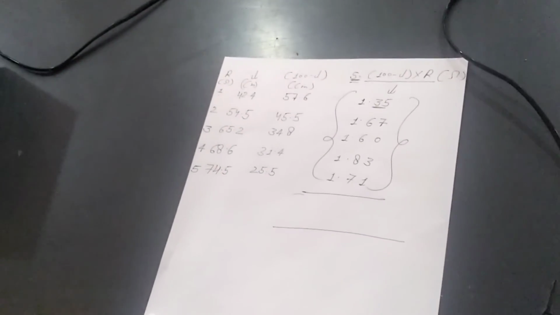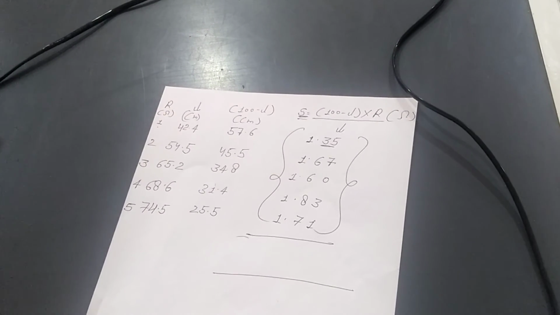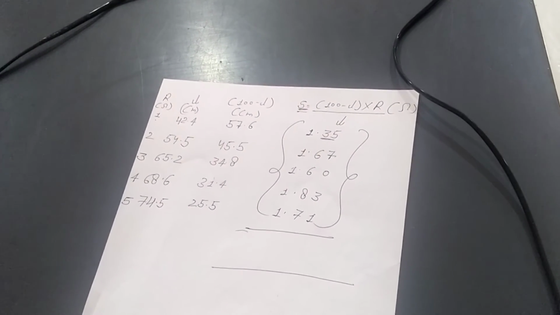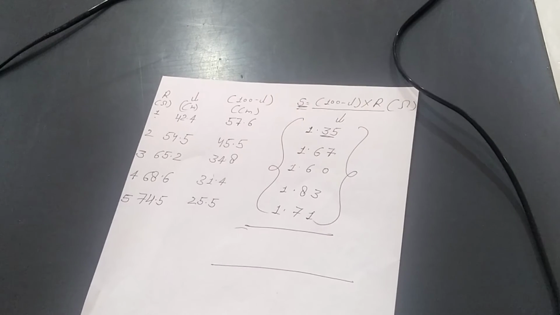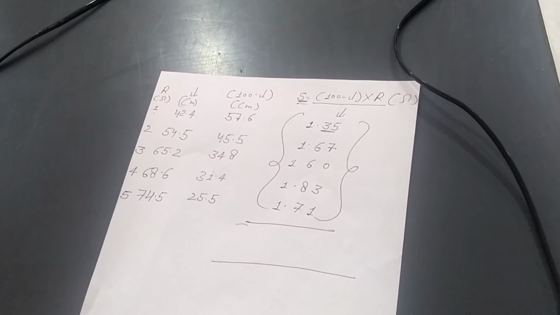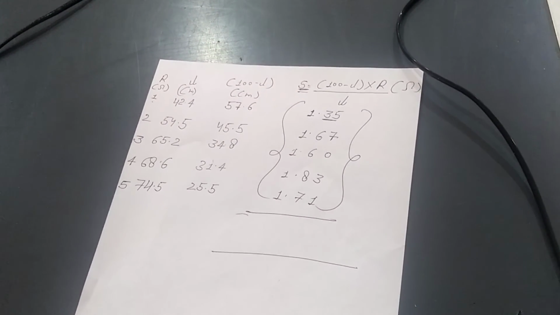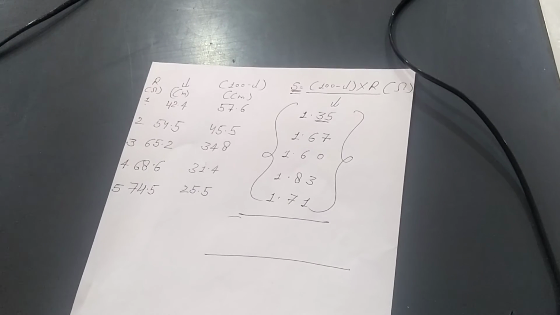So if I calculate the mean of all these values, it would be 1.35, plus 1.67, plus 1.60, plus 1.83, plus 1.71, that is equal to 8.16.